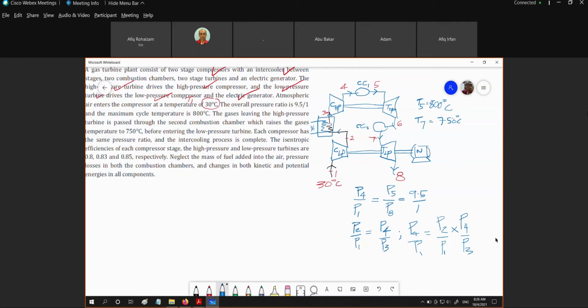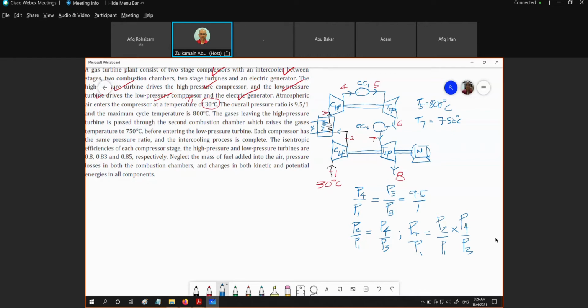You see, the pressure of 2 and 3, assuming there is no pressure loss at the intercooler, meaning that P3 and P2 are equal. So we can cancel this off, right? What is left is P4 over P1, which is equal to the overall pressure ratio.